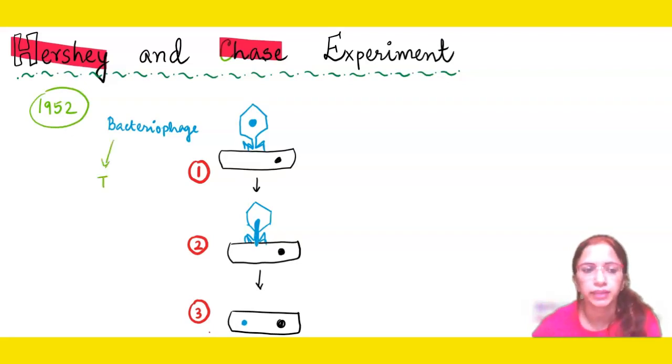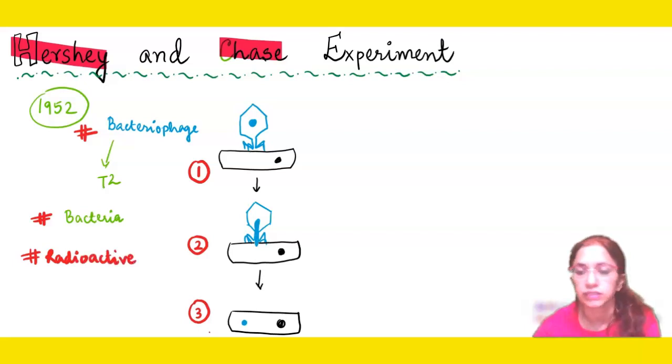They used the bacteriophage T2, right? And they used, of course, bacteria for this purpose. So these are our requirements to do the experiment. Bacteriophage will be there, bacteria will be there, radioactive isotopes will also be there.